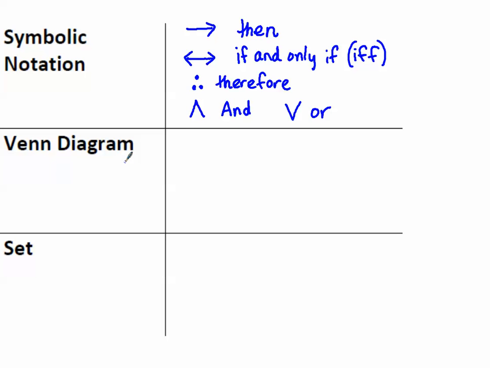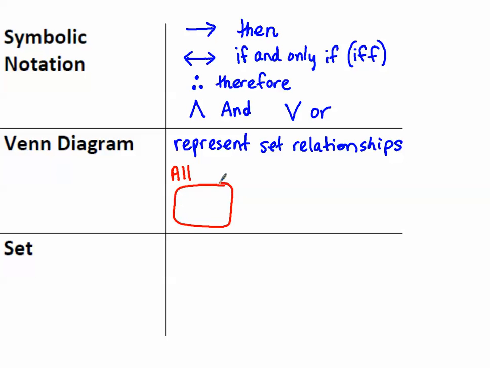The Venn diagram helps us represent set relationships, meaning using pictures to show how something is a part of something else. Some helpful hints for Venn diagrams is that when we use the word all, we usually see a representative set inside another set.